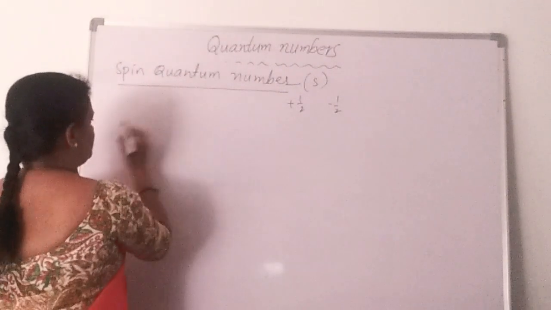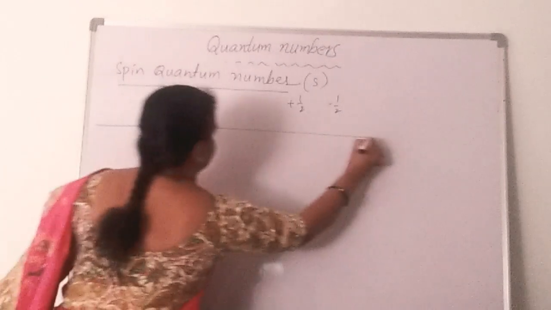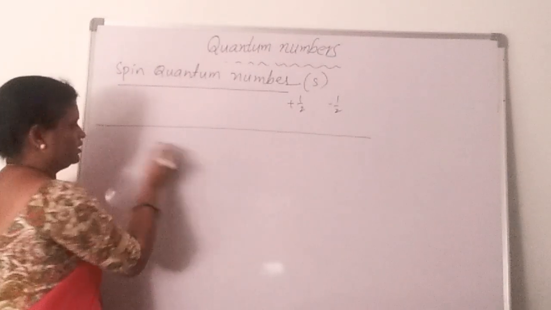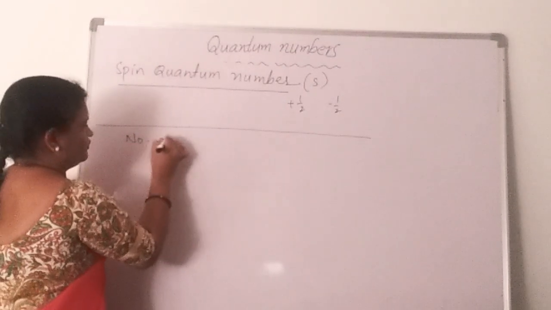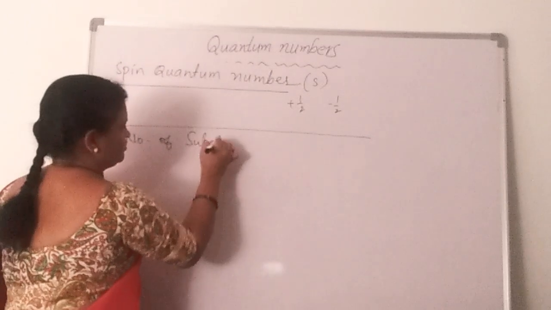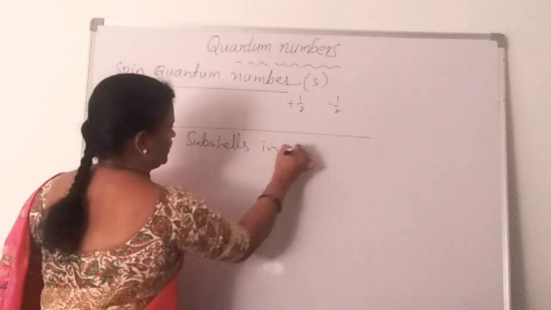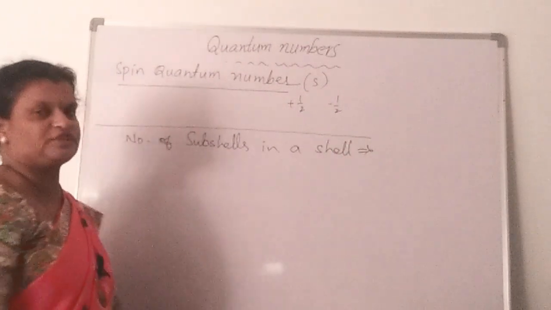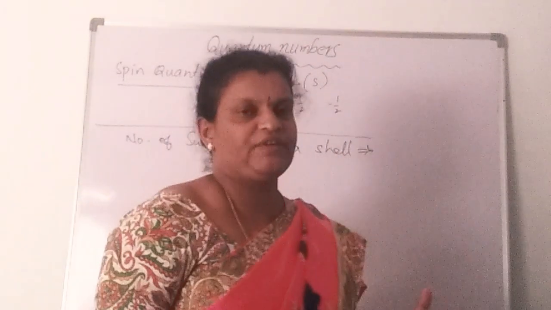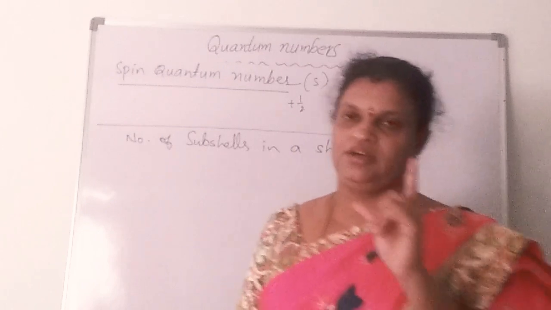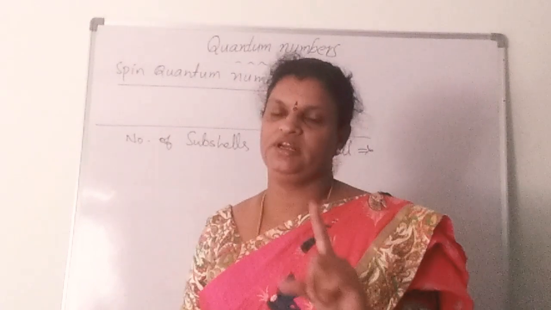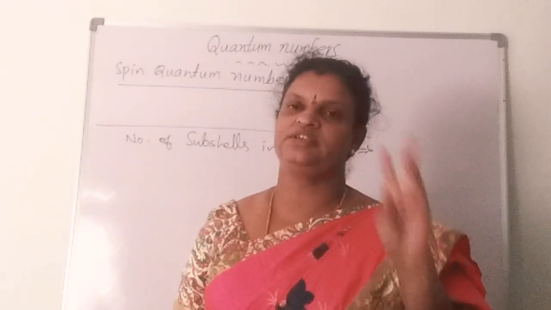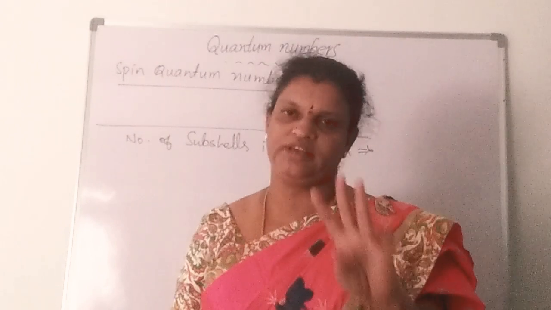Now here, you want to say how many subshells are present in one shell. So, the number of subshells in a shell. How to write this? Already we have seen that in the first shell we have one subshell, in the second shell two subshells, in the third shell three subshells, like that.